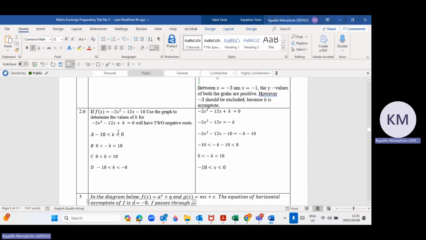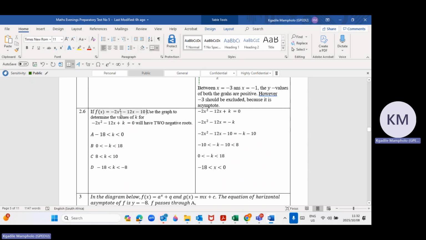I did this deliberately because you may find that in a question they say find the value of b and c, as we did. Then in the next question, they say if f of x equals to this, you must know that these values are the ones that we're supposed to get in the question where we are calculating b and c.